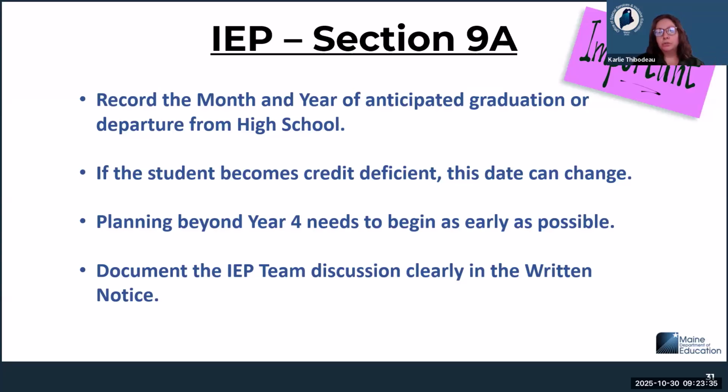Also make sure you're documenting in the written notice that discussion about why the date is changing, why the student may need more time in high school, those extra credits, or even if you think that they are a student that will need to go until the age out of 22. As soon as you know that, it's best to start planning for that.